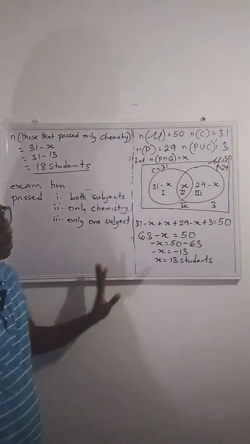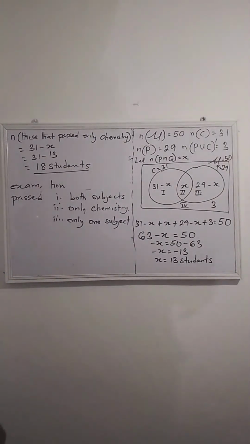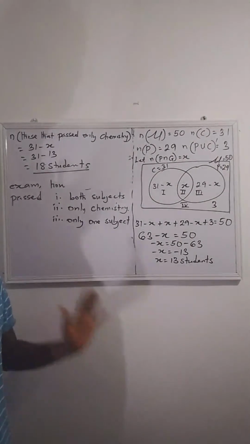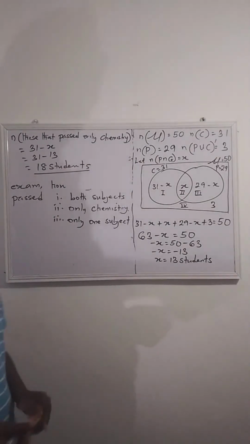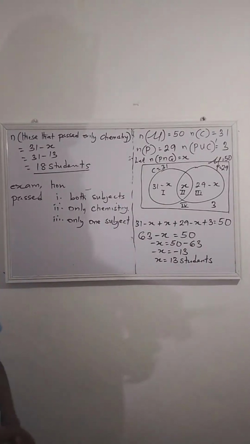Now let us look at it. Number of those that pass only one subject. That is what the question is asking for. Number of those that pass only chemistry and only physics. That's all.